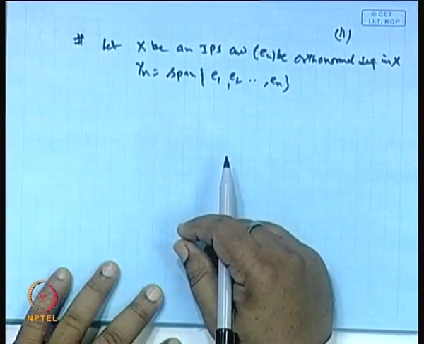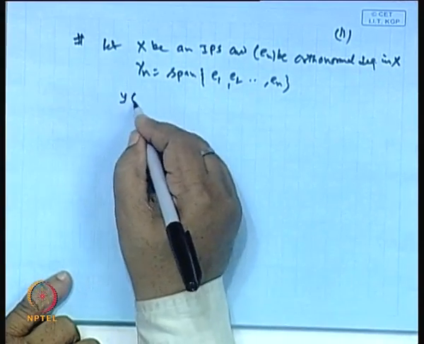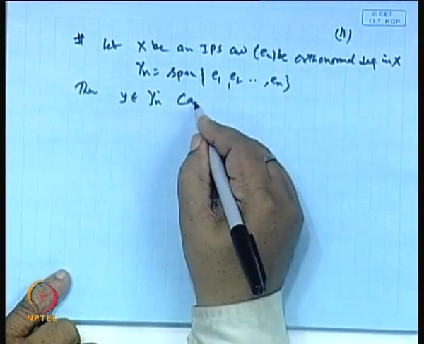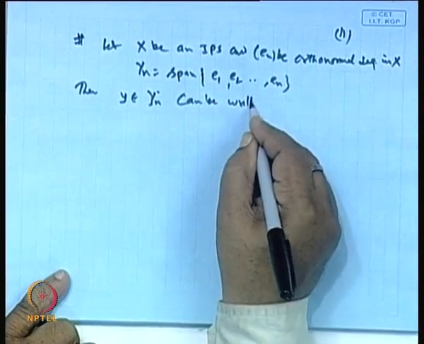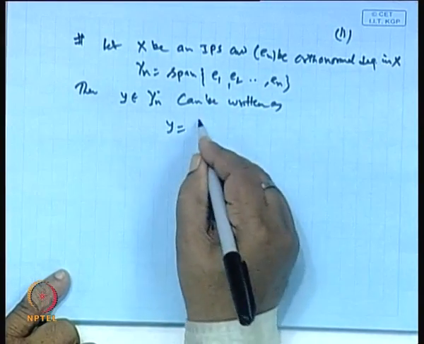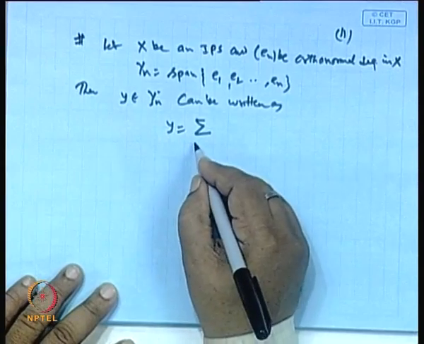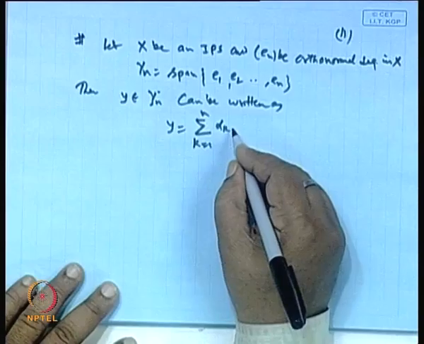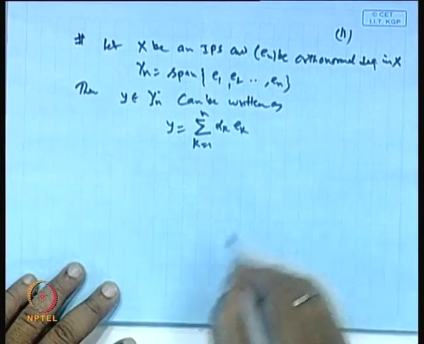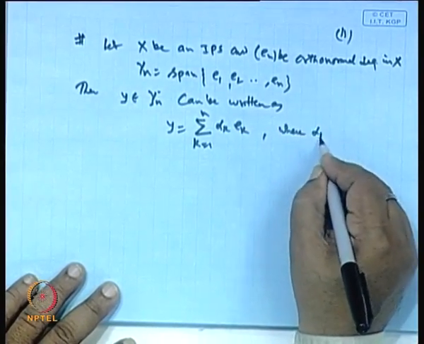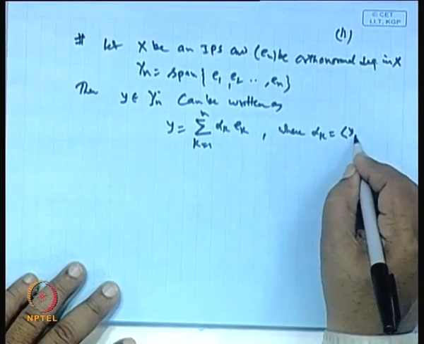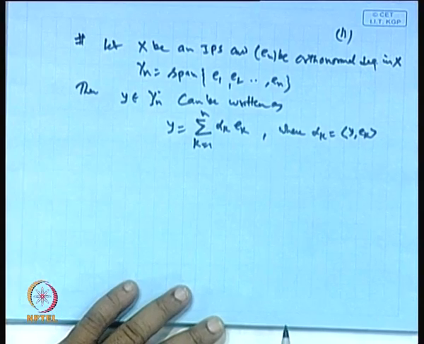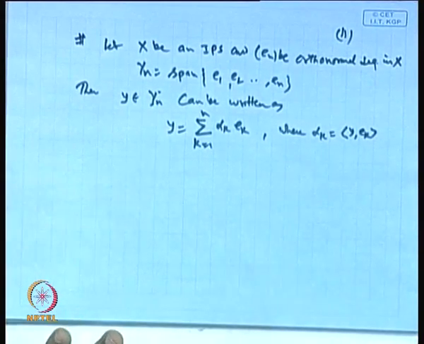Clear? Then any element y belonging to Y_n can be written as y = sigma k = 1 to n of alpha_k e_k, where alpha_k is the inner product of y and e_k. So, this is the general thing.